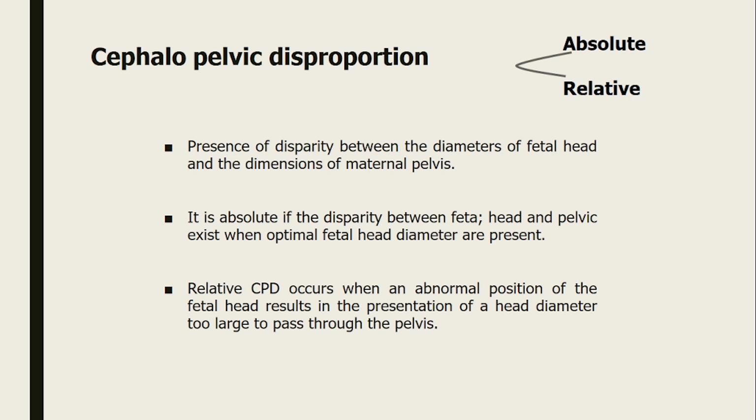With such abnormal positions, a larger diameter of the presentation is present to the pelvis, and this can limit the passage of the fetus through the pelvis. But in absolute, the fetal head is normal, but there is some degree of disparity between that fetal head and the pelvic dimensions.